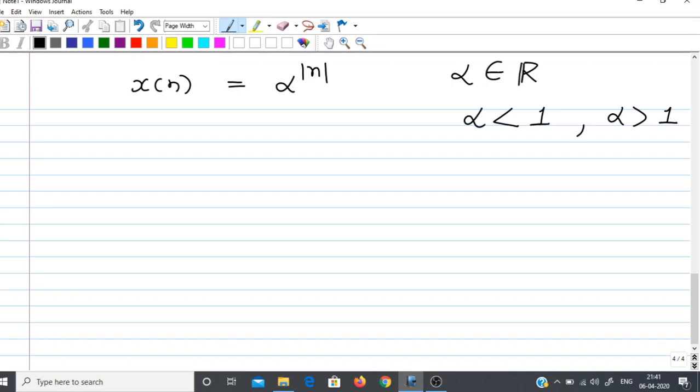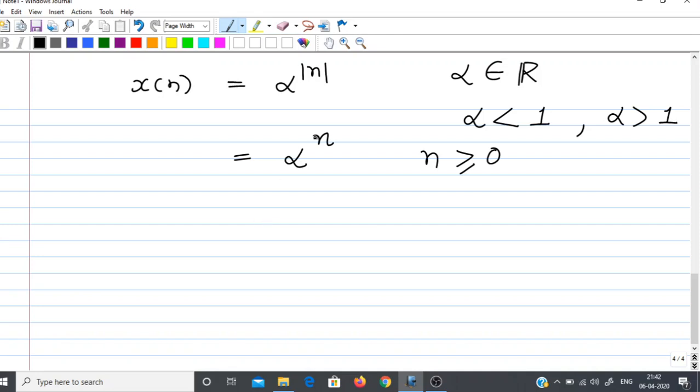Now if you express this sequence in two pieces, one for n negative and one for n positive and 0, what can you write? Mod n will be n for n positive and 0, so alpha to the power n for n greater than or equal to 0.